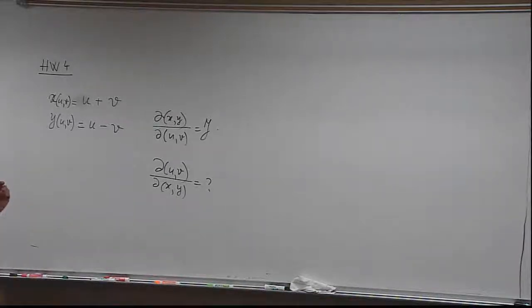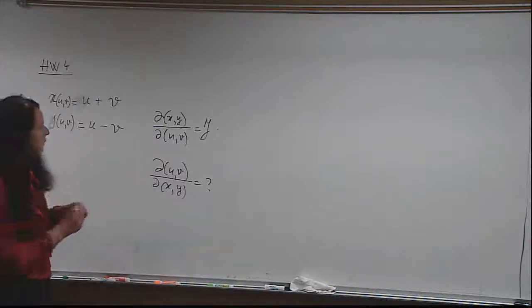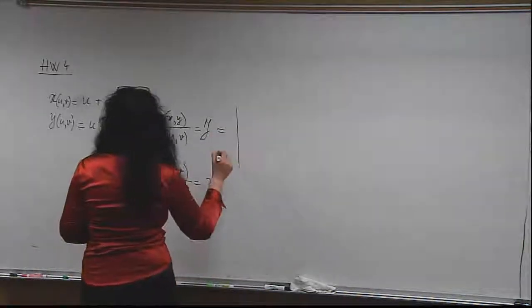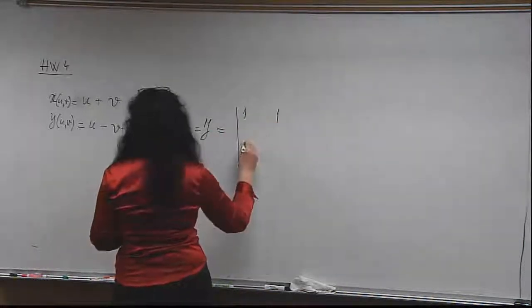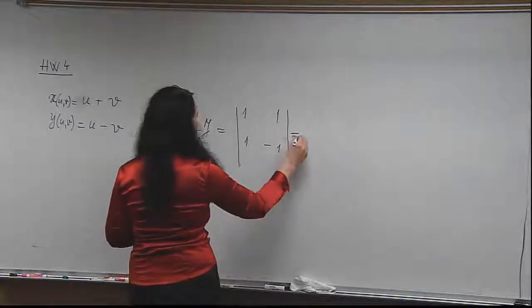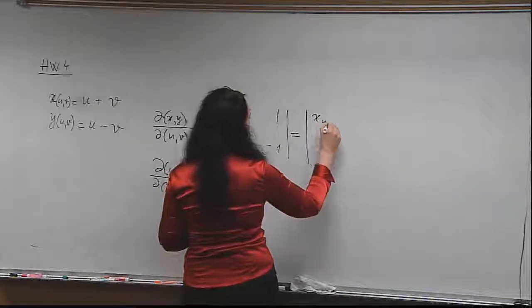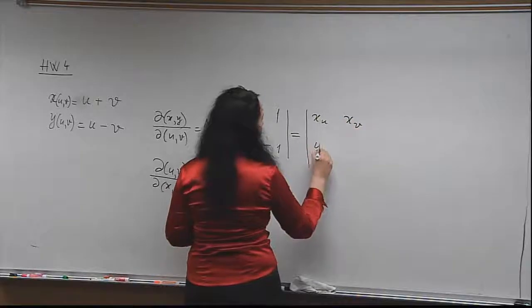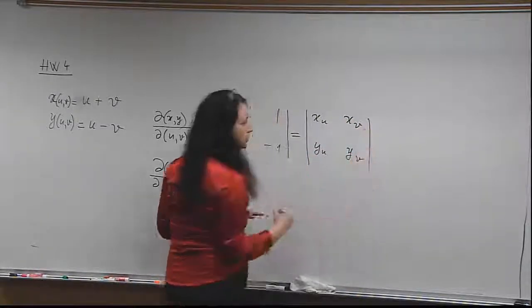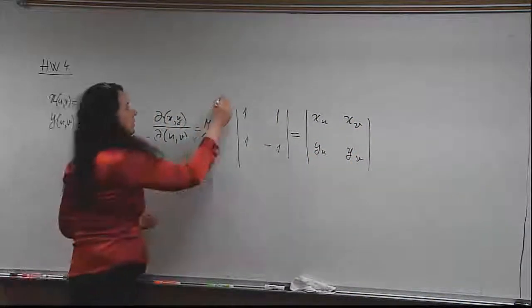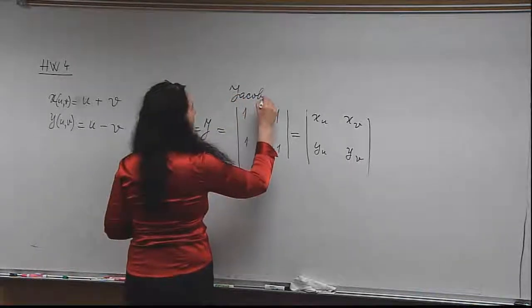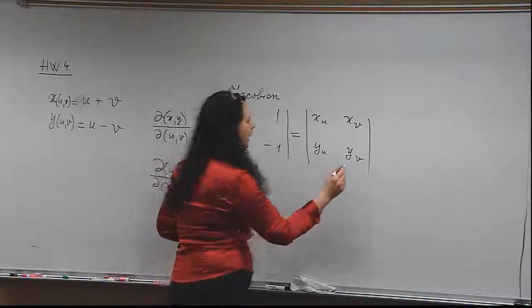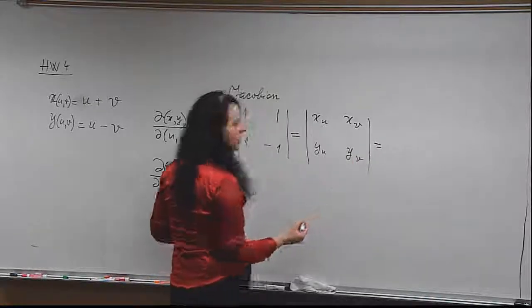I think I would have had the same problem when I was like you. The easy part on the first Jacobian is that you have 1 minus 1, whatever that is, as the definition is x sub u, x sub v, y sub u, y sub v. These are the partial derivatives, and that's called Jacobian. And you have an easy answer.